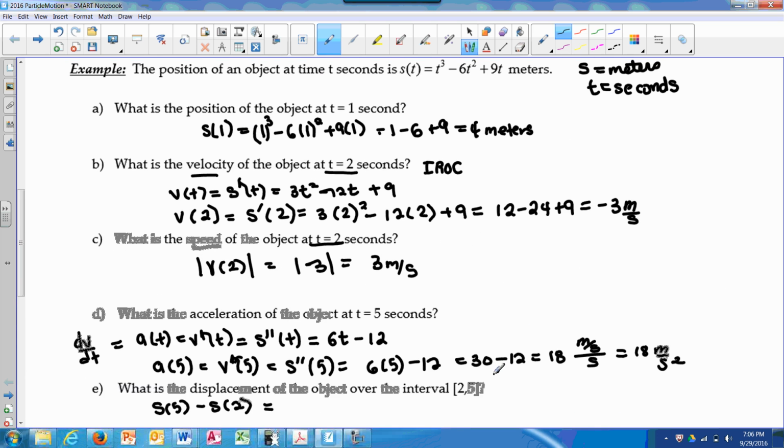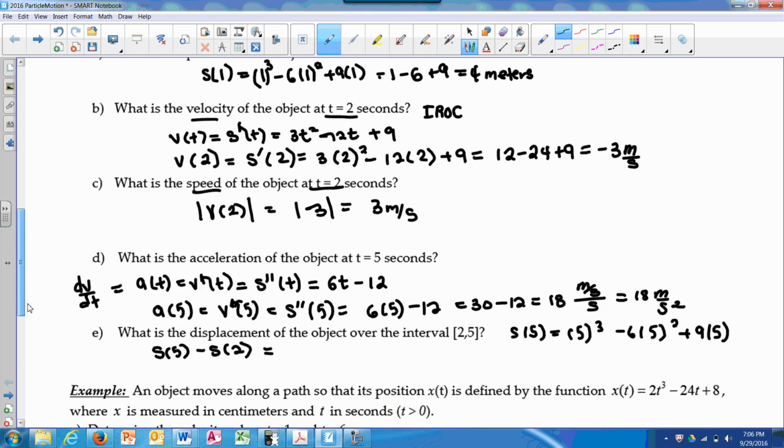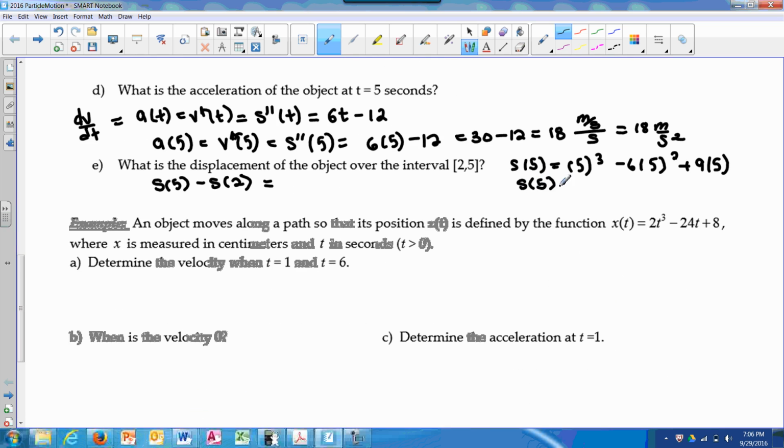So that's going to be 3t squared minus 12t plus 9 for this particular function using the power rule. So the velocity specifically at time 2 is going to be the derivative of s at time 2, which is 3 times 2 squared minus 12 times 2 plus 9.